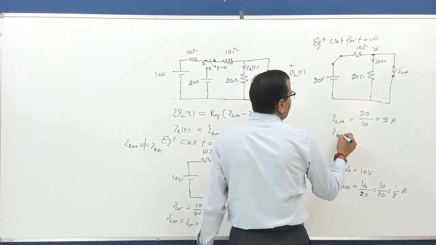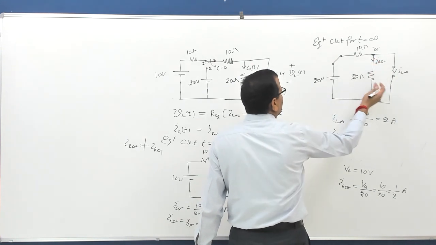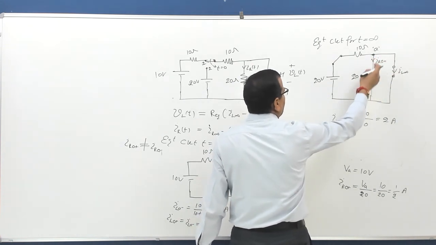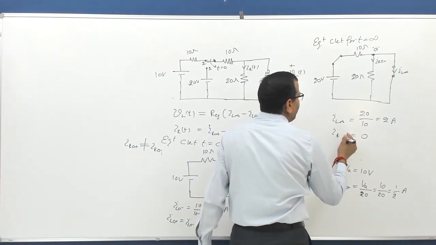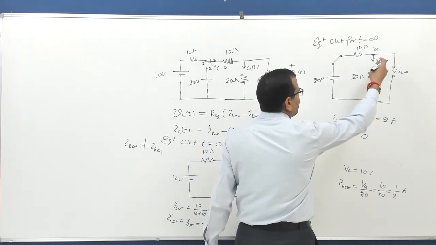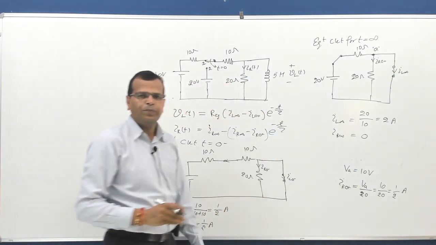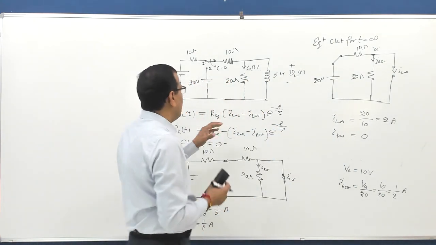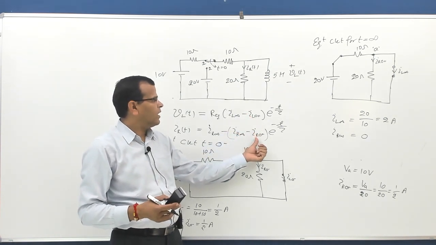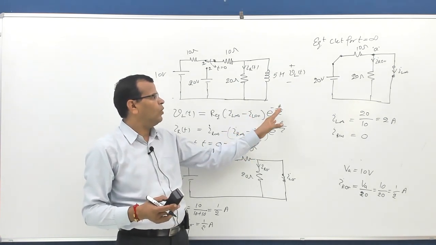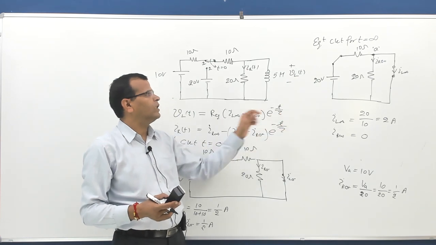Now IR infinity, it is very much clear from this circuit, this is bypassed, so current through this resistance, this is IR infinity, is equal to 0. Now we have obtained IL infinity, IL 0 plus, IR 0 plus, IR infinity. The only part to be calculated is tau.